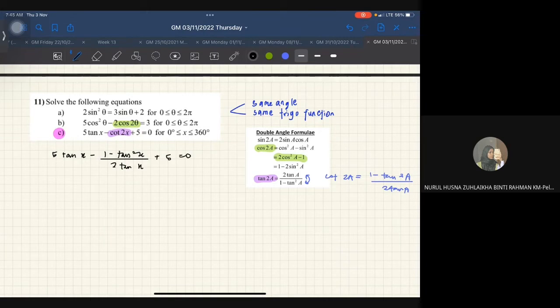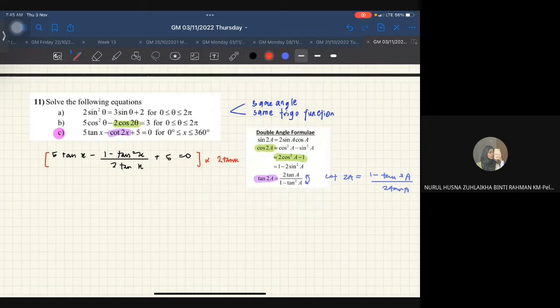Kalau tengokkan dekat sini, kita ada satu denominator over here. I don't want this denominator sebab kita nak jadikan dia satu line sahaja. So I will multiply everything that I have with 2 tan x. Darabkan semuanya dengan 2 tan x.